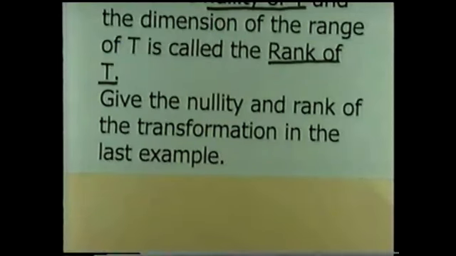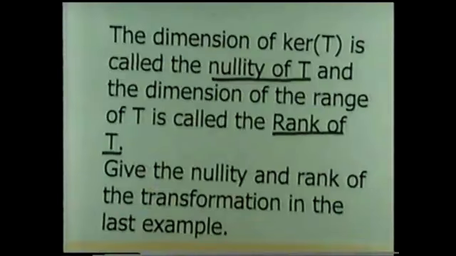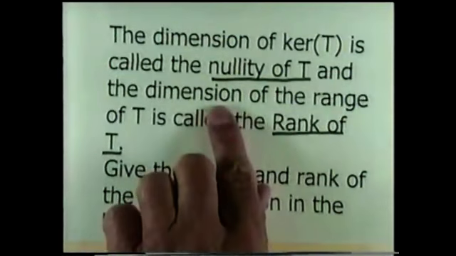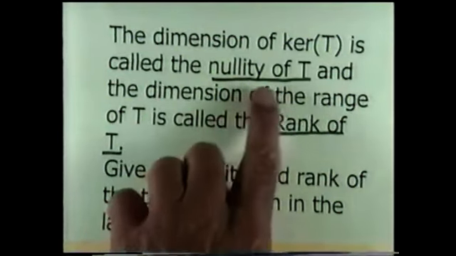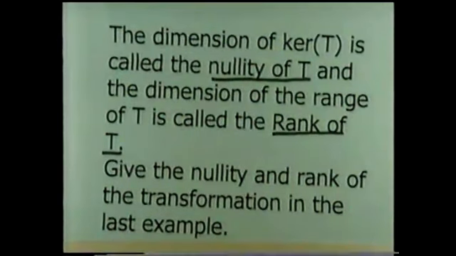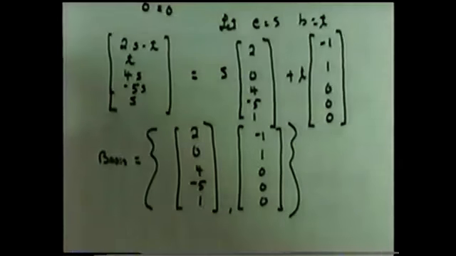Okay, let's go back and give the nullity and rank of the transformation in the last example. Now the nullity of T is the dimension of the kernel. This is where we got the basis for the kernel.